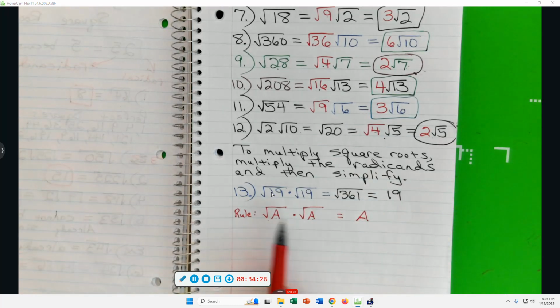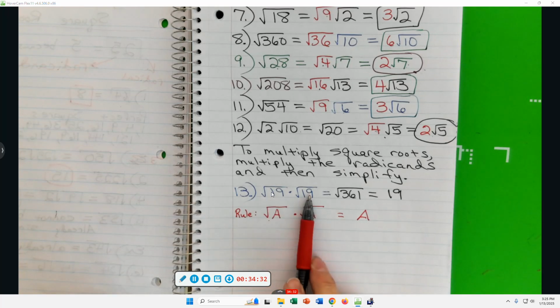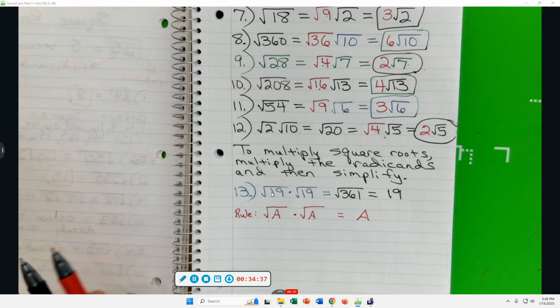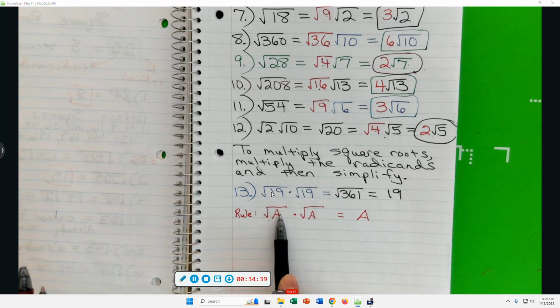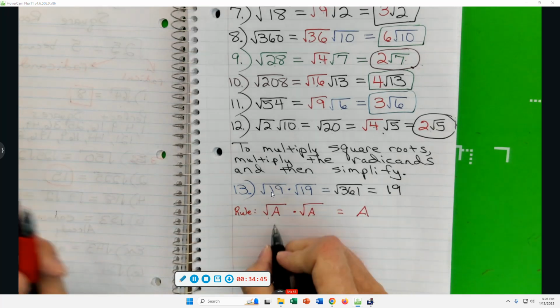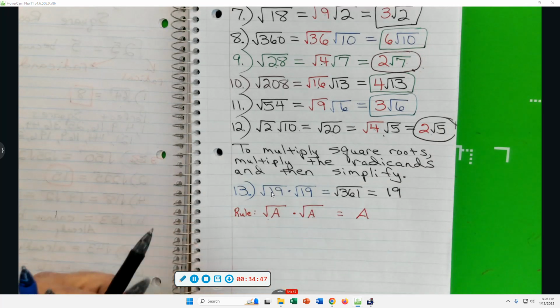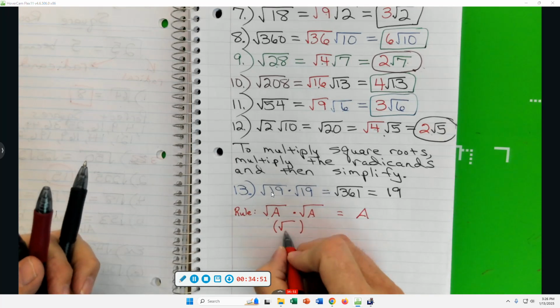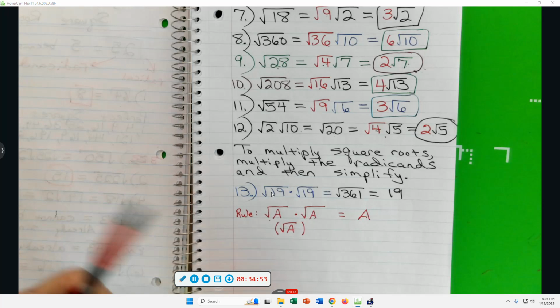As long as it's the same number under both square roots, square root of 19 times the square root of 19 is just 19. Now there's another way to write what I've just written, and we'll be seeing that on Wednesday. Instead of writing square root times itself, it could be written like this: a square root squared.